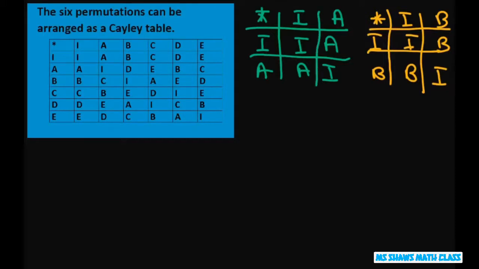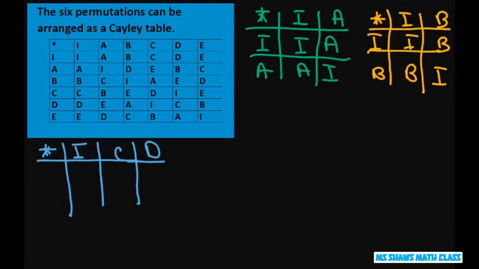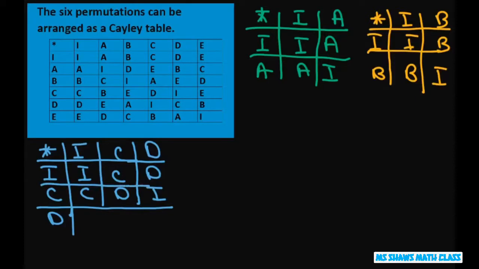All right, the next one, you're going to get 5 out of these. So we have IC. So, well, actually, IC, we also have ID. So we have the D that goes with this. So this one's a little different. We have I, C, D, and C, C, D, I. And for D, we have D, I, C. So that's a subgroup.